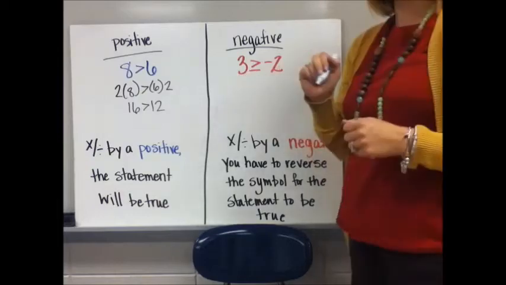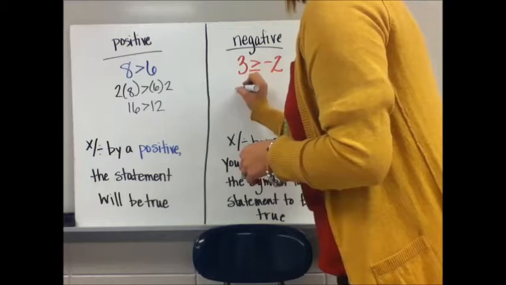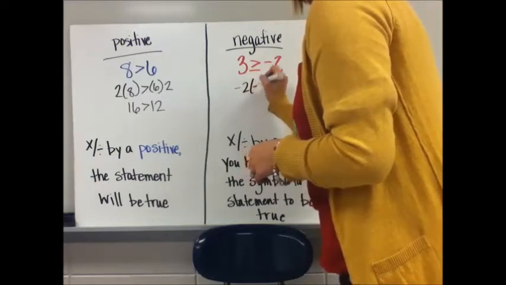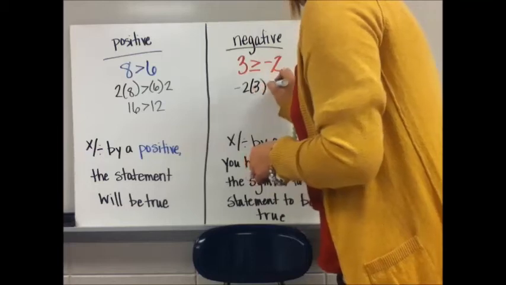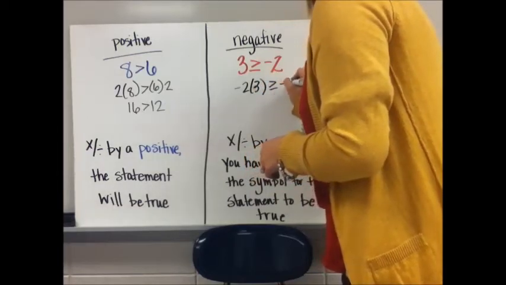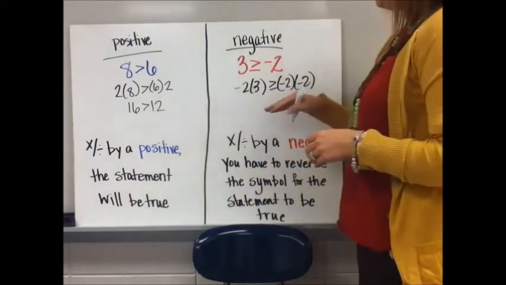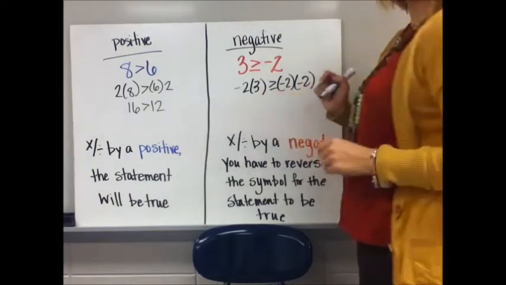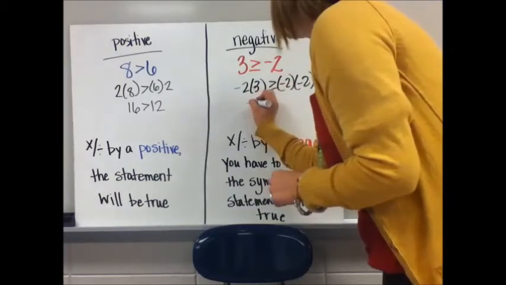Now, I want to contrast that with if you're dealing with a negative. Let's say that I want to multiply both sides by negative 2. So I've taken the given inequality and I'm multiplying both sides by negative 2. Negative 2 times 3 is negative 6.